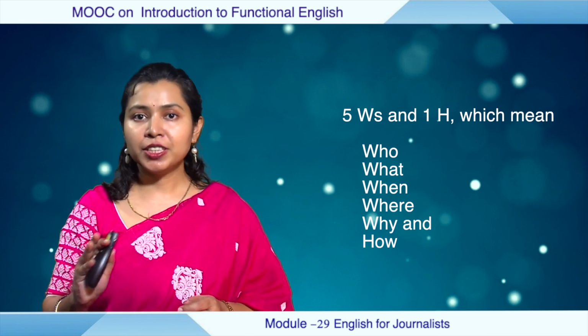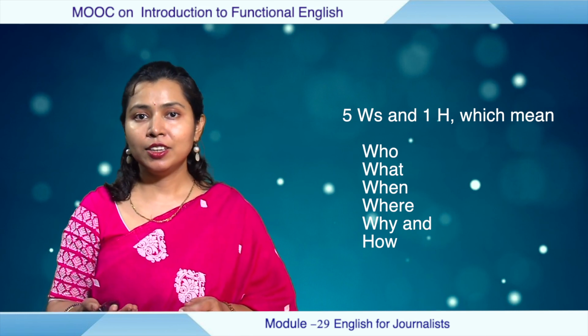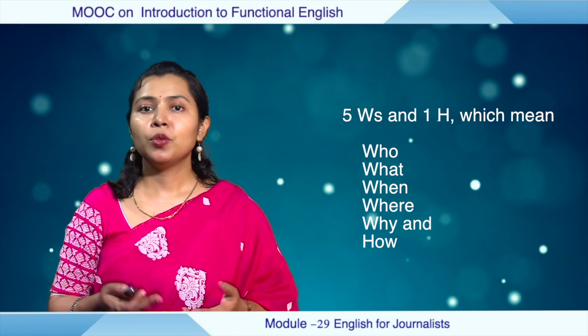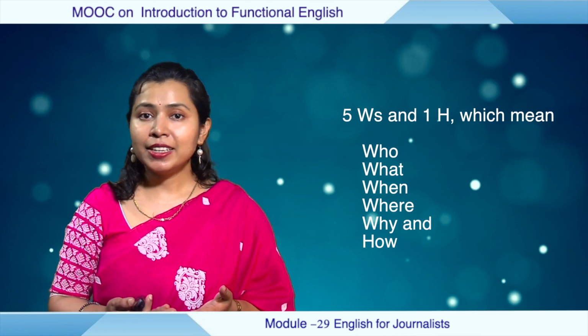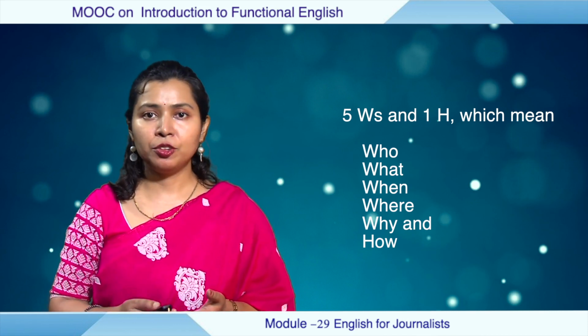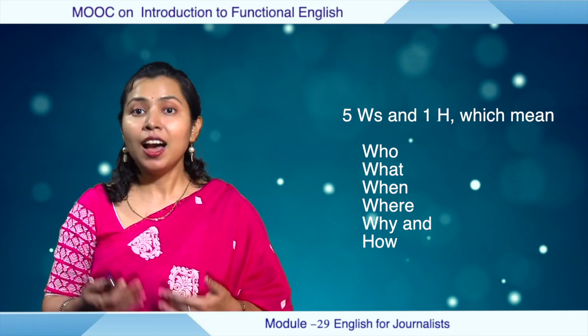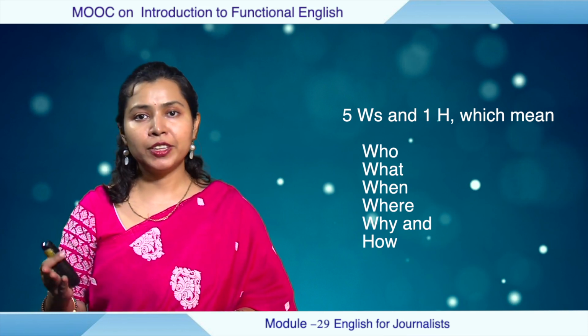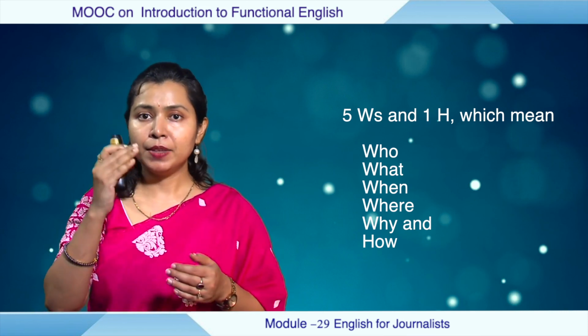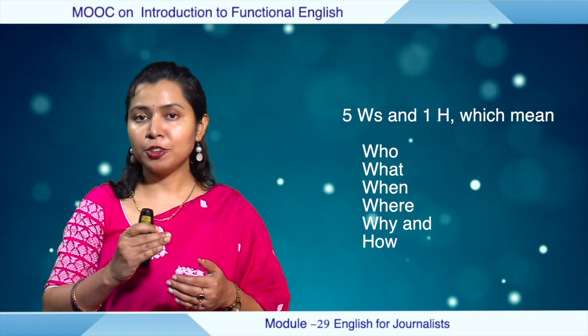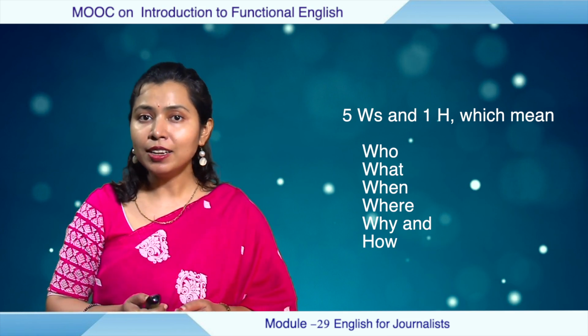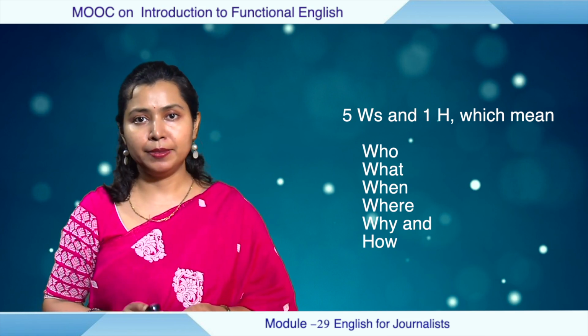These questions are answered in the lead: who is involved, what is happening, when it happened, where it happened, why it happened, and how it happened. All these questions are answered in the very beginning or the first part of the news story, and it is called the lead of a news item.